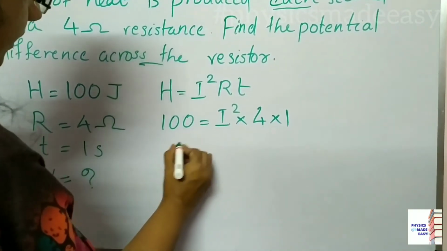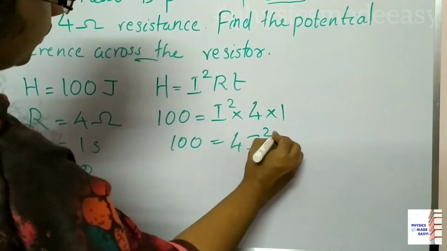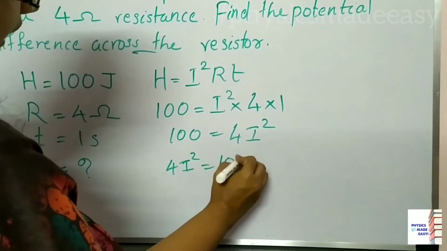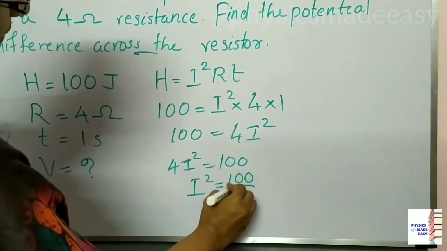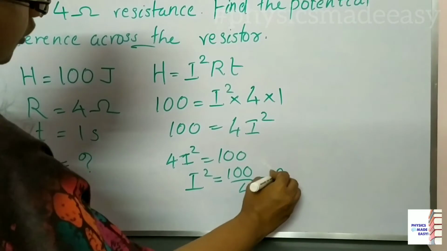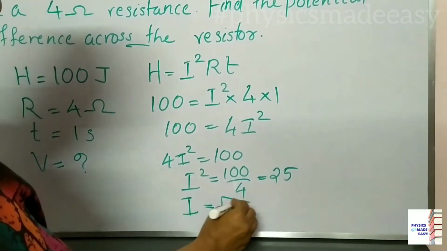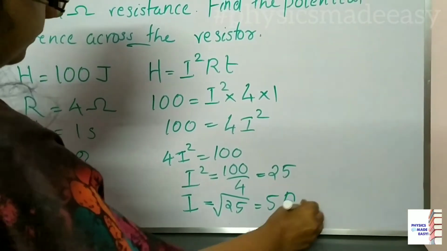So here we can write 100 is equal to 4I square. So 4I square is equal to 100. I square is equal to 100 divided by 4. You will get 25. Then current is equal to square root of 25, that is equal to 5 ampere.